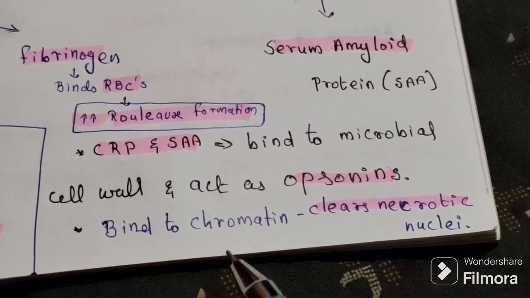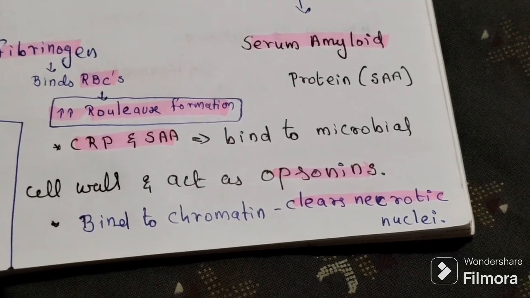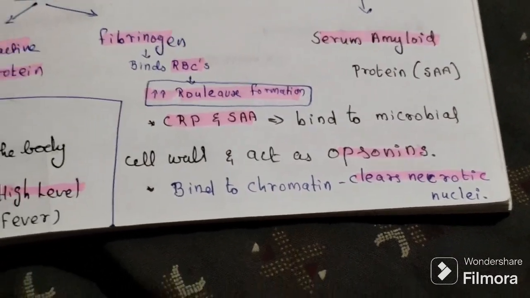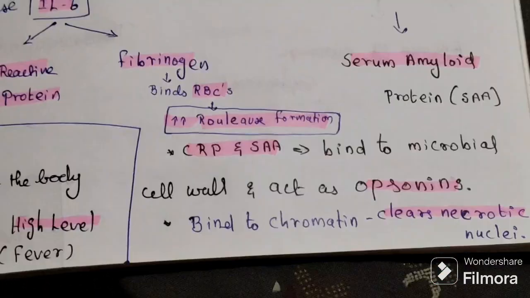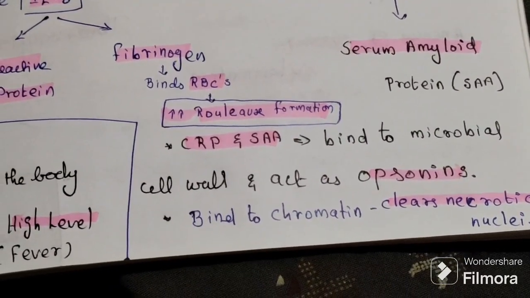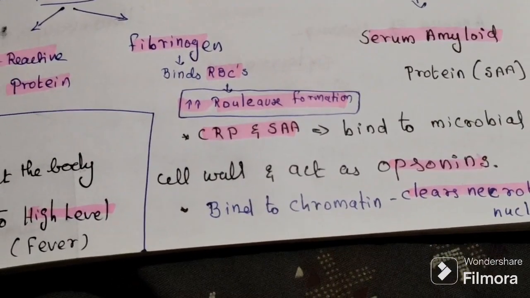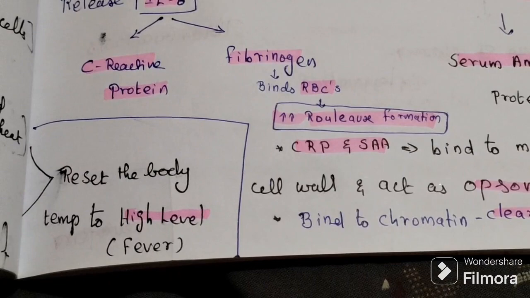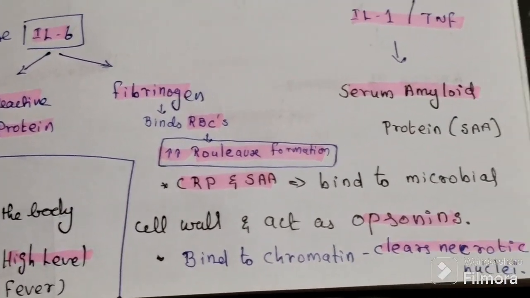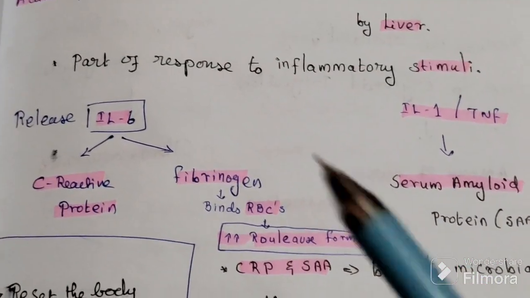Another function, they also bind to chromatin, which helps in clearing necrotic dead cells. So what is the role of chromatin binding? They help to clear necrotic dead cells. Basically these are the beneficial effects of acute phase proteins.